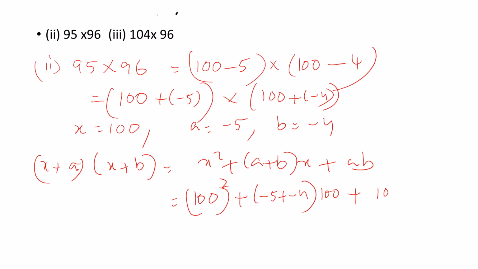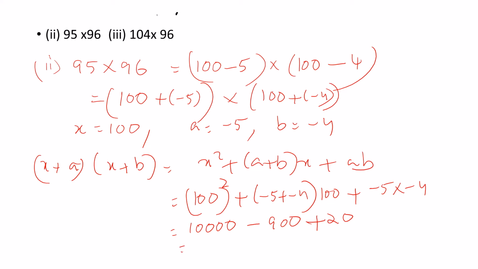A into b is minus 5 into minus 4. Minus 9 into 100 is minus 900, and then 5 into 4 is 20.